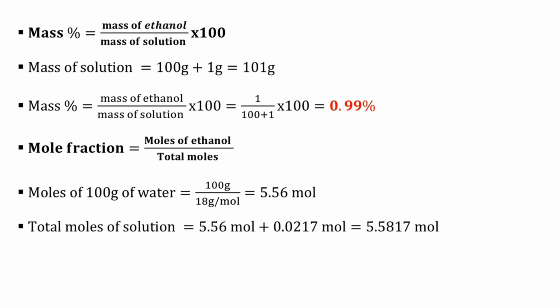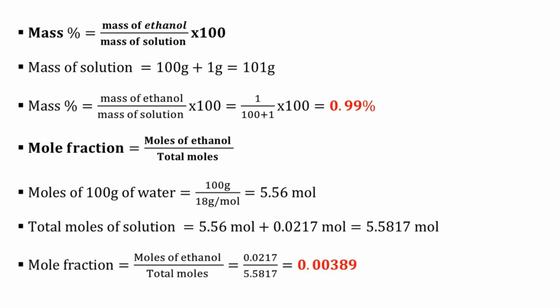The total moles of solution is then 5.56 plus 0.0217 mole of ethanol, which gives 5.5817 moles. Then you calculate the mole fraction by taking moles of ethanol, 0.0217, divided by 5.5817 as the total moles, and you obtain 0.00389 as the mole fraction of ethanol.